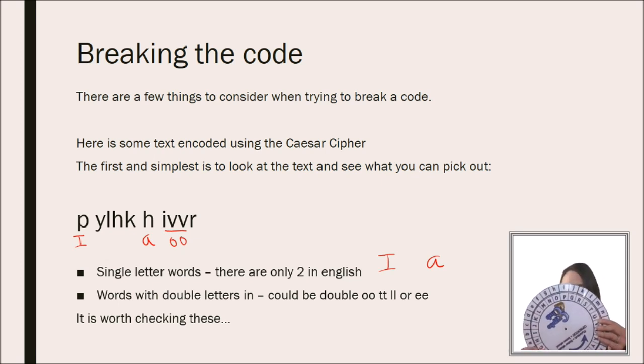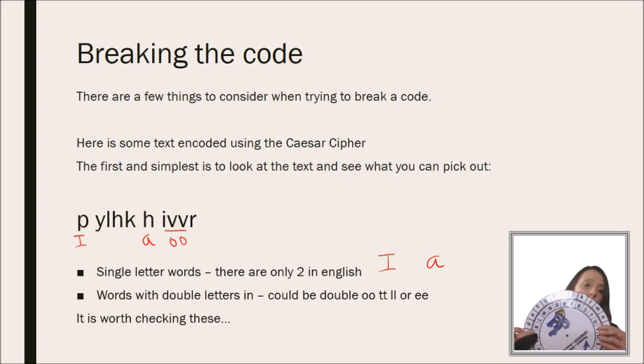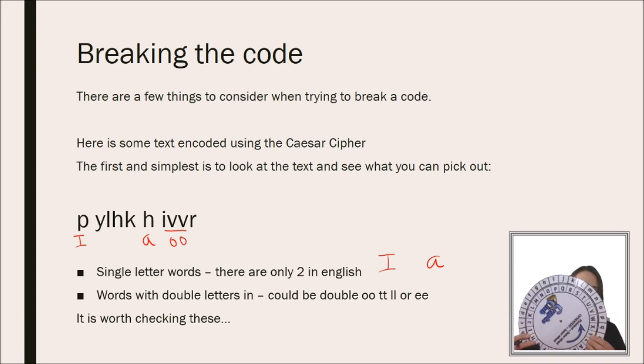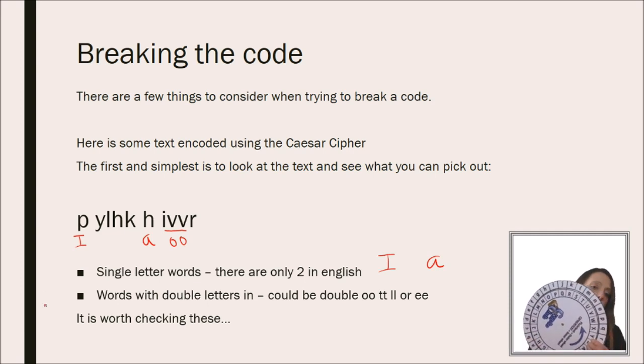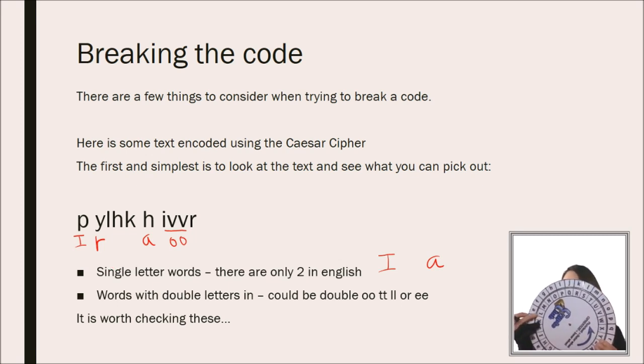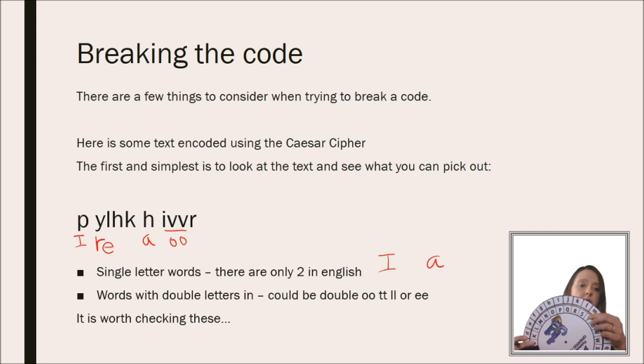So if we find Y is going to be here. So Y becomes the letter R. L becomes the letter E. H becomes the letter A, because we've got that already. We found that out earlier, so A.